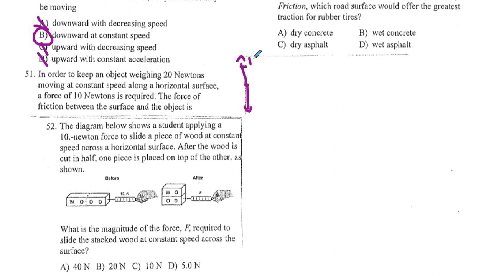I don't know why all my normal forces are slanted. So these are equal and these are equal. I know this is 20, which is not asked about. We're asking what is the force of friction, which is equal to the applied force, or 10. So the answer to this is 10 newtons.